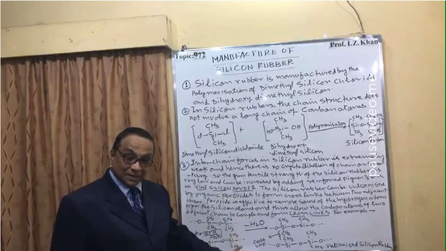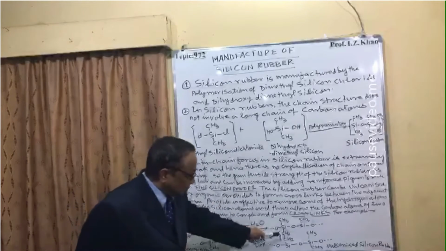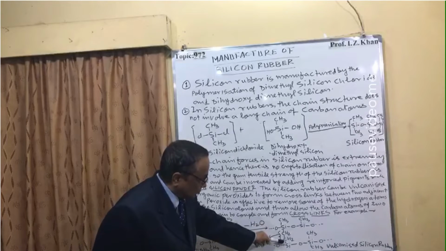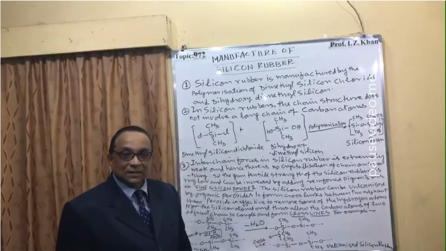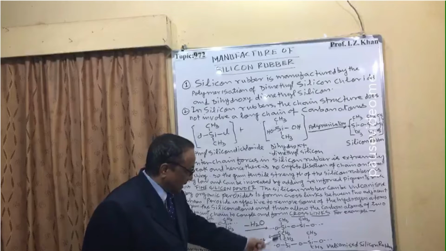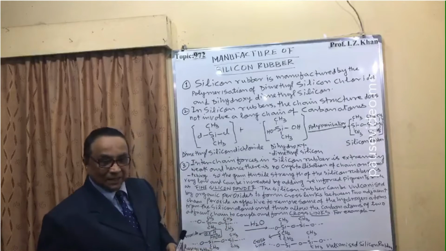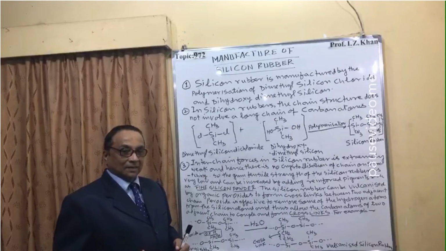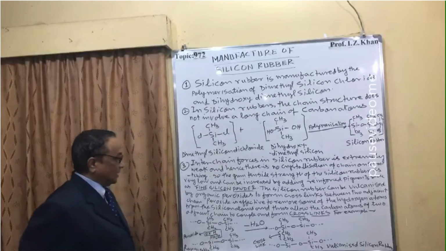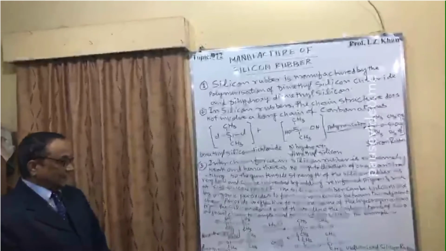And by the elimination of the water molecule in the presence of organic peroxide, one methyl group of this silicon chain and another methyl group of this silicon will be converted into a CH2 grouping, and this CH2 grouping will give the cross linking, and that's why this silicone rubber will be vulcanized in the presence of peroxide. And this is your vulcanized silicone rubber with cross link between the two adjacent chains.